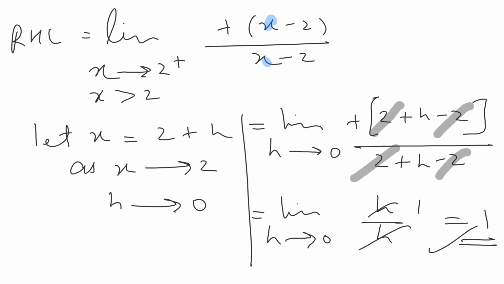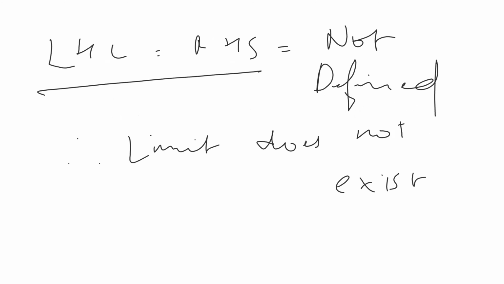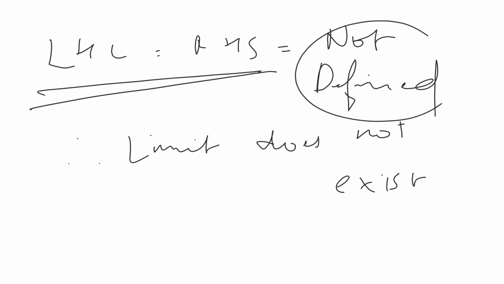So in that case, they were well defined numbers, but they were not equal. Hence the given limit does not exist. But in this case, LHL and RHL both are not defined. So the limit does not exist.